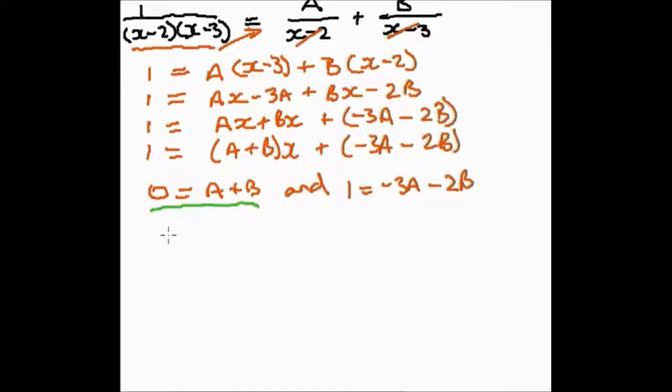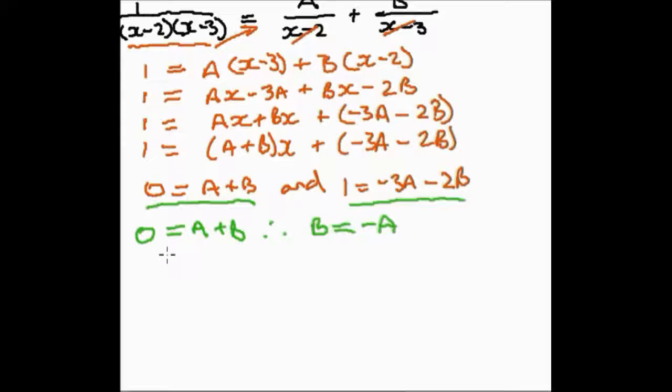Just taking this first equation, where I've got 0 equals A plus B, therefore, if I rearrange that for B, I would say that B equals minus A. So what I'm going to do is substitute anywhere I've got a B in an equation with minus A. If we use this equation here, I have 1 equals, I'll write the whole equation first, minus 3A minus 2B.